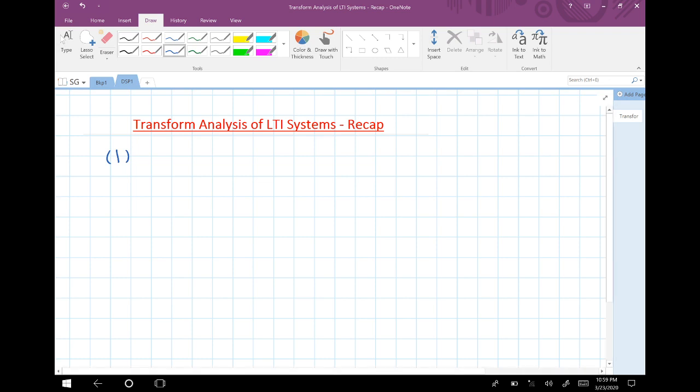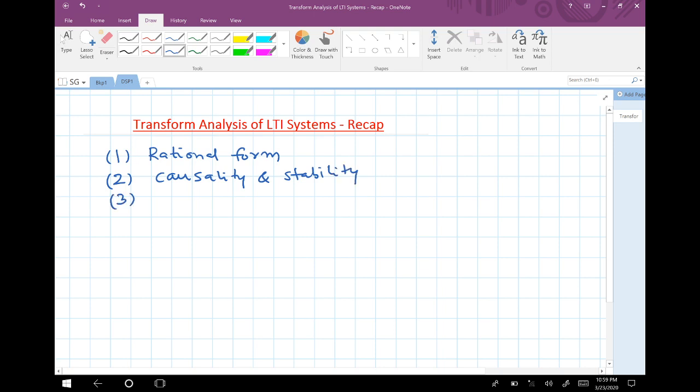In particular, we will discuss the transfer functions of LTI systems that have a rational form. Then we would talk about the causality and stability properties of these rational systems.